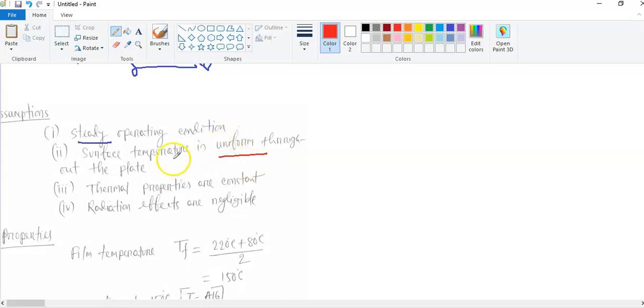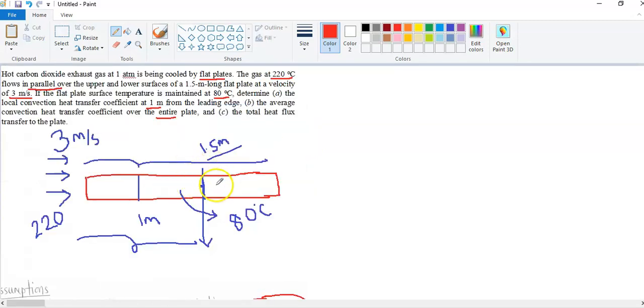For this uniform temperature, the thermal properties are also constant because the surface temperature is not changing. And in this case, we are not considering any radiation effects, so we neglect them.